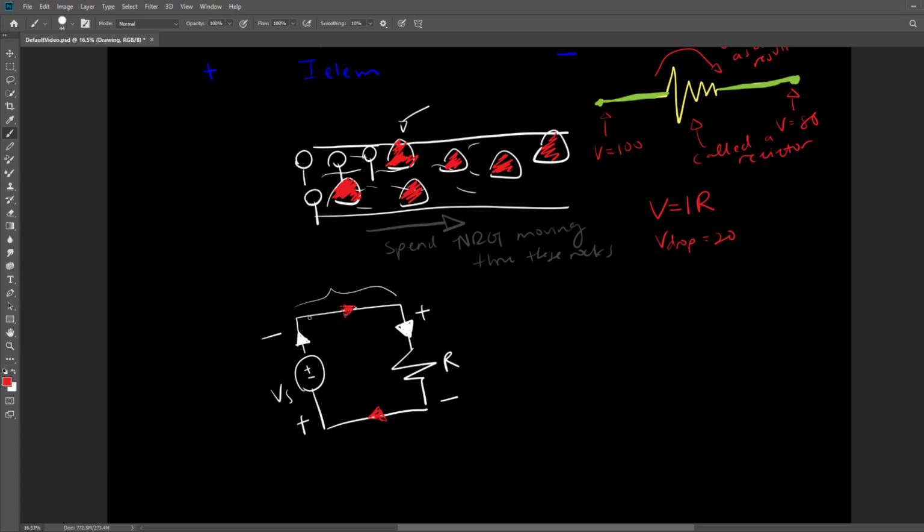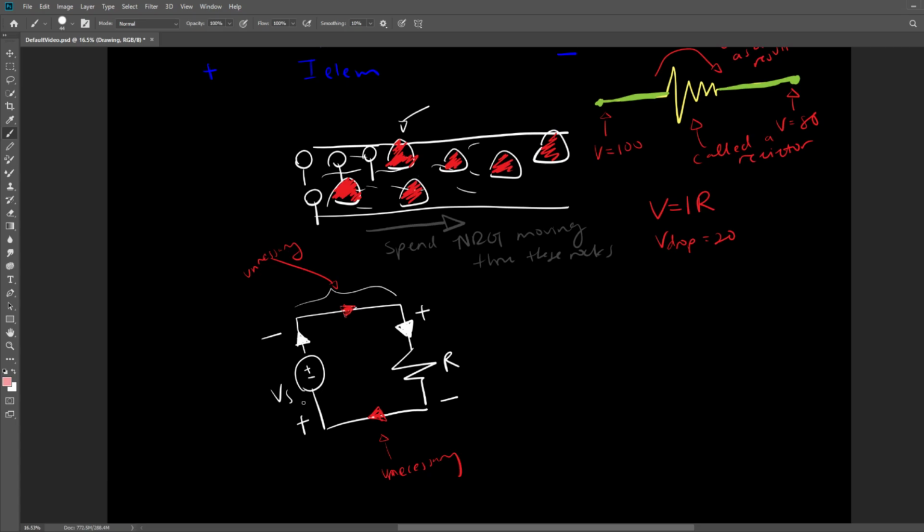This wire doesn't really do anything to voltage or current, so I don't really have to draw these arrows. So the arrows are unnecessary.